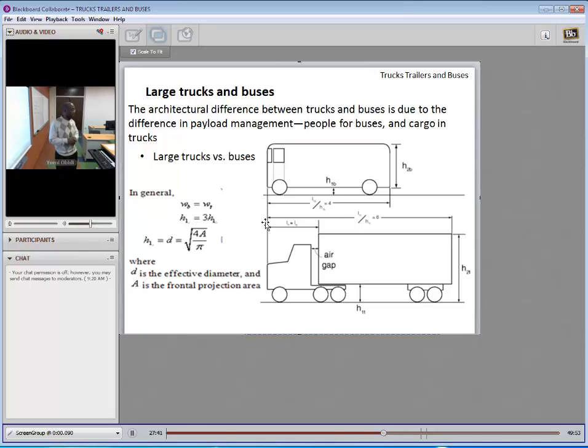Again, D is the effective diameter, and A is the frontal projection area, the frontal area of the vehicle. And this is true for the truck and for the bus. So in the case of the truck, the frontal area we will be looking at is, the question is, does it have a trailer with it, or doesn't it have a trailer with it? The A will be different. It will be larger, of course, with the trailer on it, and it's generally done with the trailer on it, so that it gives us a wider area for that.